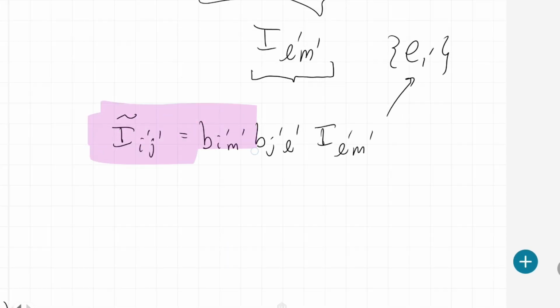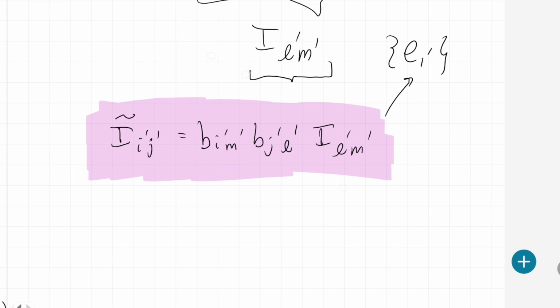So this will be the final important result of this lesson, a formula to change the inertia tensor from one basis to a different one, related with these elements of the orthogonal matrix that relates the two bases.